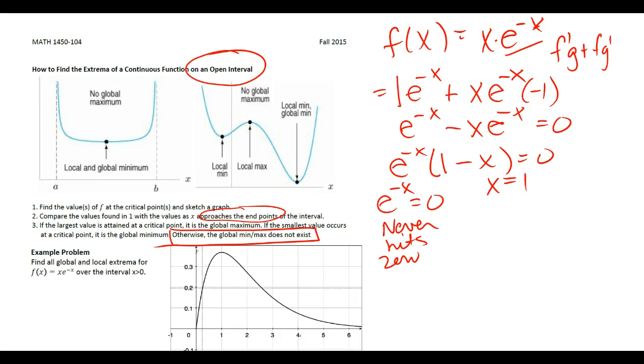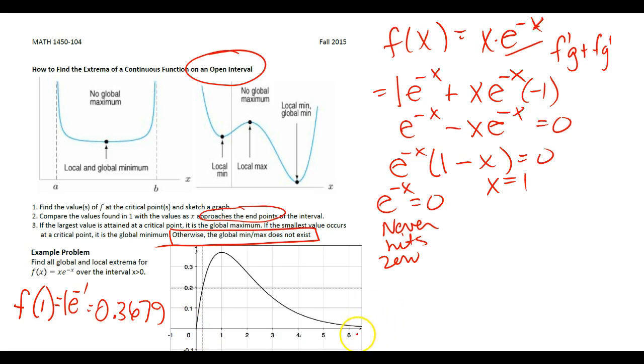So I'm going to evaluate the function at 1. f of 1, which is 1 times e to the negative 1, equals 0.3679.